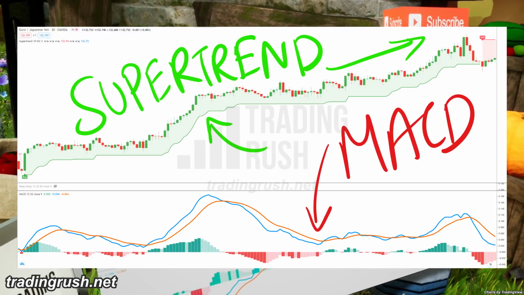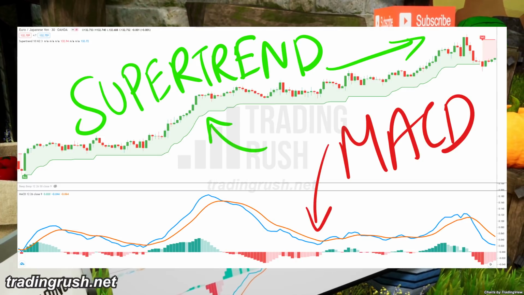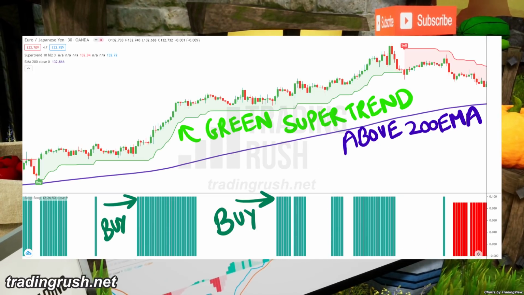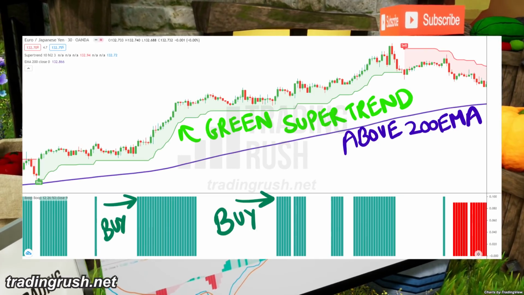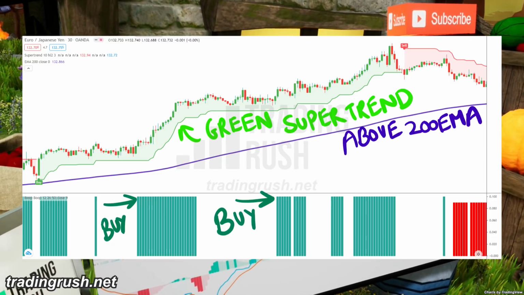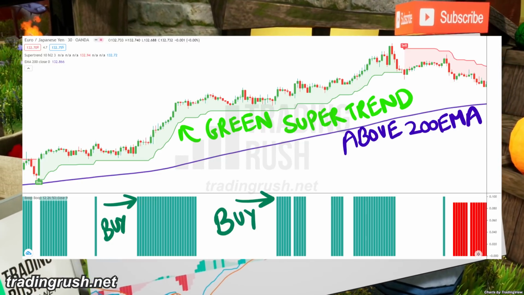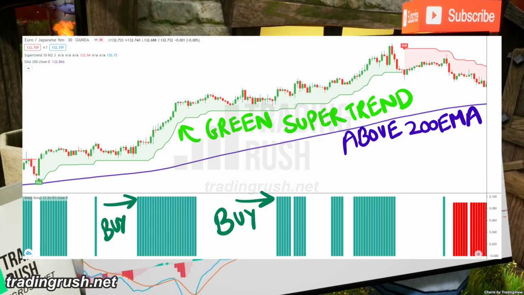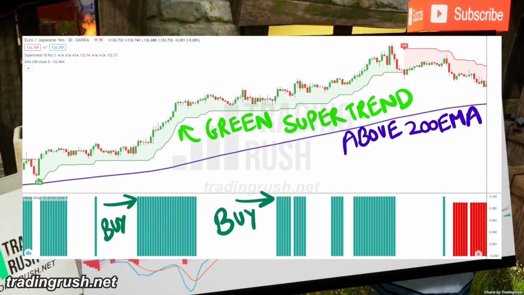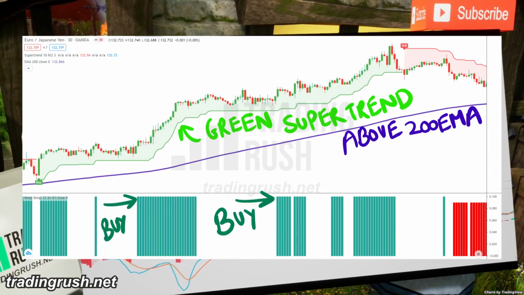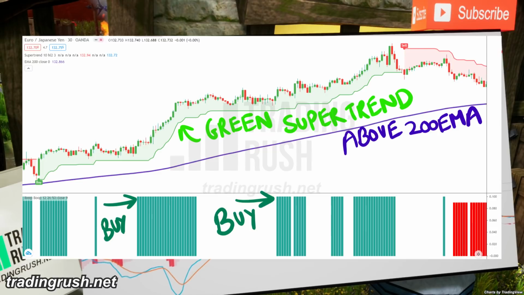The Supertrend MACD strategy goes like this. When the Supertrend shows an uptrend, and the price is above the 200-period moving average, the buy entry signal is when the MACD line crosses above the signal line. But in this case, since we are using the beep boop indicator, the buy signal is when the beep boop indicator turns green.